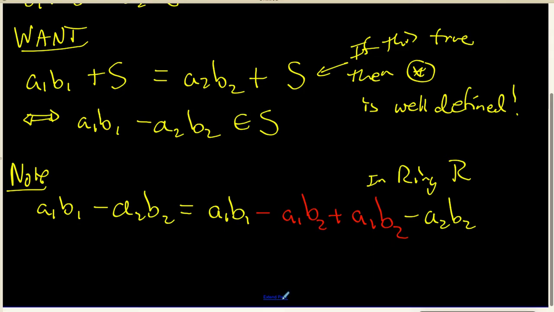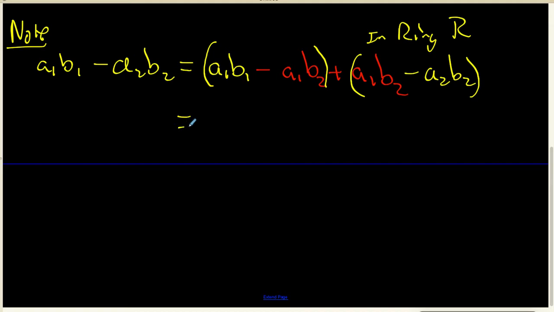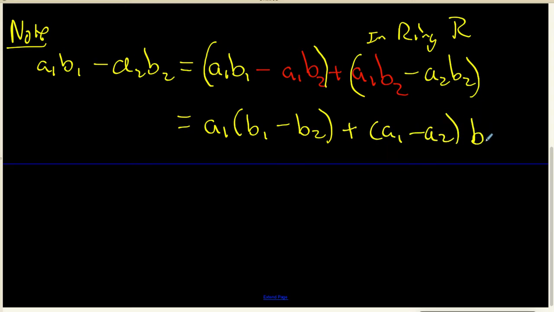Well, what I want to do now is realize that I can also put parentheses in, because addition is associative inside all rings, and when I do that, I can use the distributive law. On these first two terms, I can factor an A1 out of the front, leaving me a B1 minus B2 inside the parentheses. And on the second one, I have to factor the B2 out at the back end. So I get A1 minus A2 times B2.